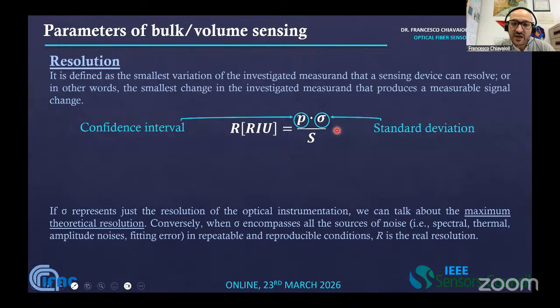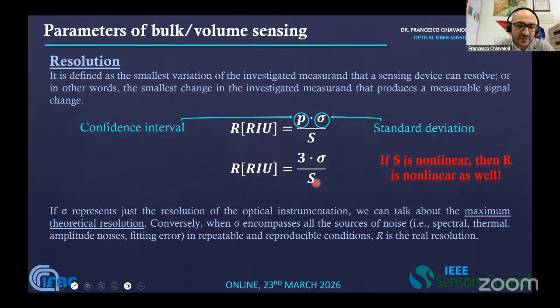And then we have the error, which is usually the standard deviation, and S represents the sensitivity. If we consider 99% of the error occurring in the normal distribution of the error, this becomes 3 times sigma divided by the sensitivity.